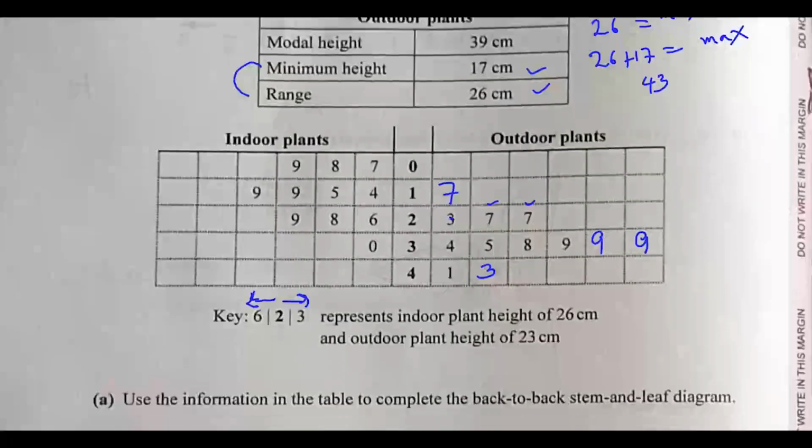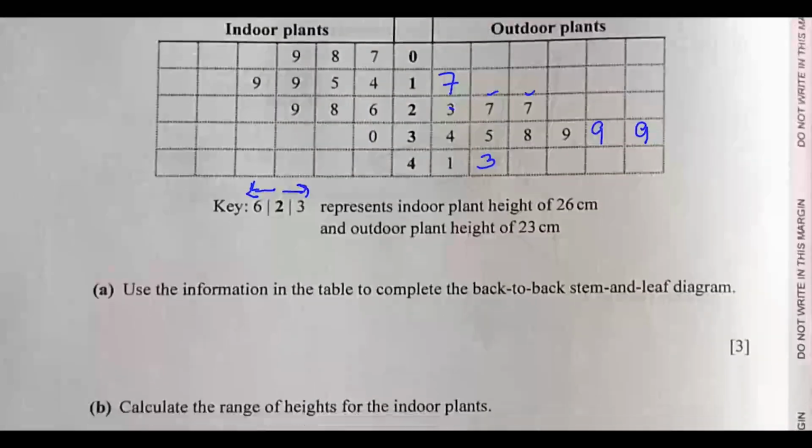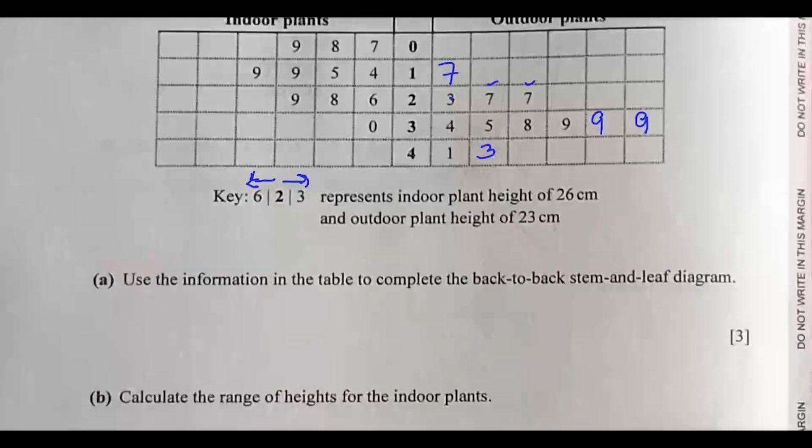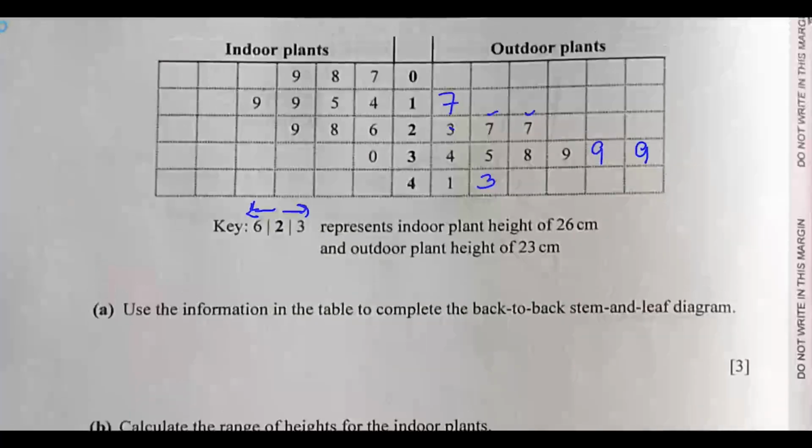So it has part B. For part B, calculate the range of height for the indoor plants. The range will be the maximum height minus the minimum height. Let's scroll up. If you look at it, the maximum will be 30, and the minimum will be 0.7, that is 7.